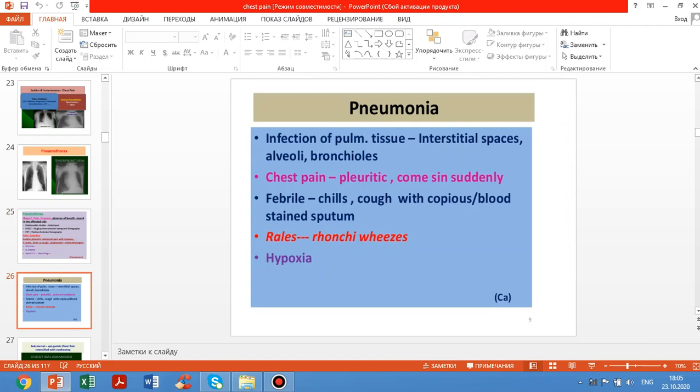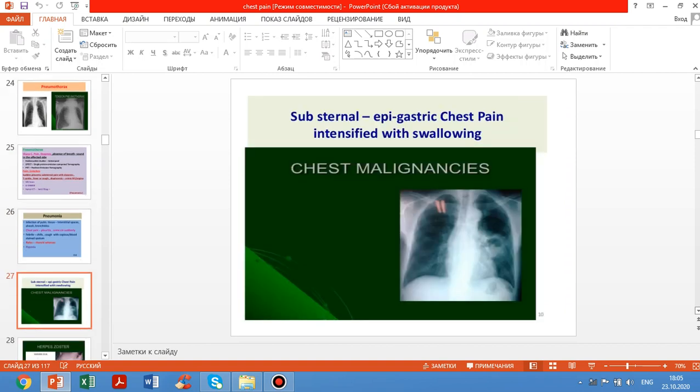Rales, rhonchi, wheezes, hypoxia. Substernal epigastric chest pain intensified with swallowing is like chest malignancy, you can see here.